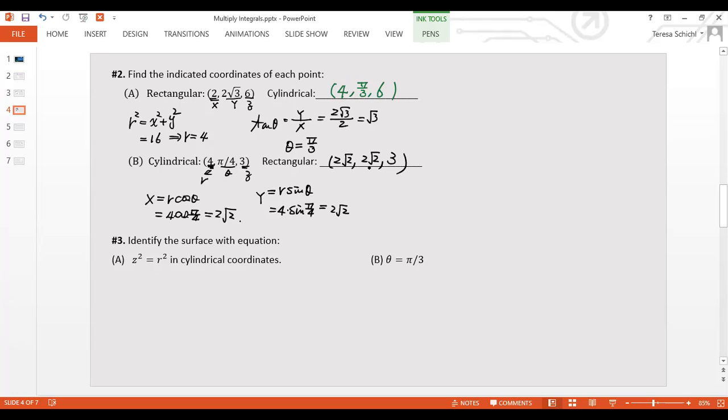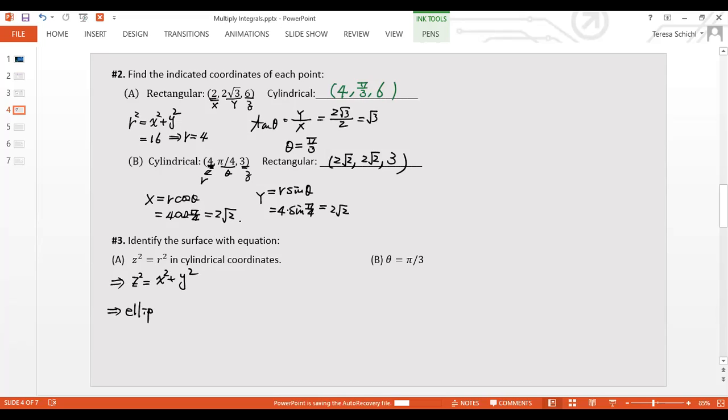Okay, so now number 3 is here. They want us to identify the surface with the equations. So let's say this is z squared equal to r squared. I know r squared is x squared plus y squared, so z squared is equal to x squared plus y squared.